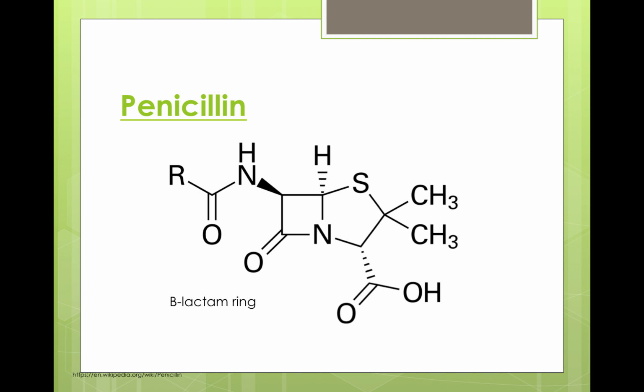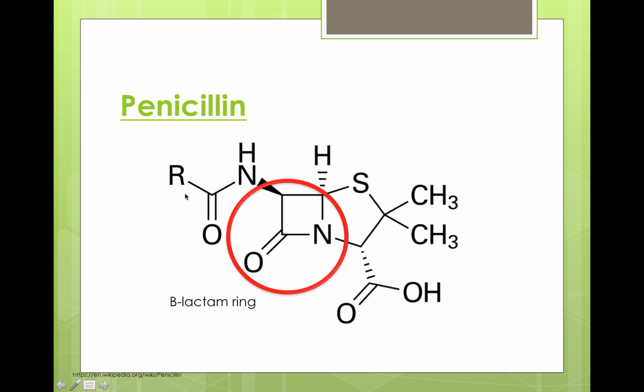So the structure of penicillin, you'll see that it's kind of complicated, but the biggest thing that penicillin has is the beta-lactam ring, which is this four-membered ring that you'll see right here. And the thing that makes different penicillin drugs different is this R group over here that's different for each type of penicillin drug.